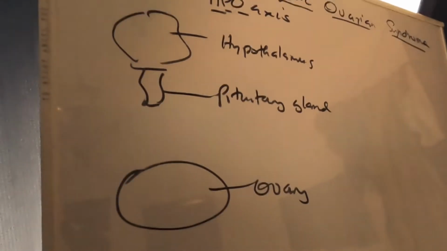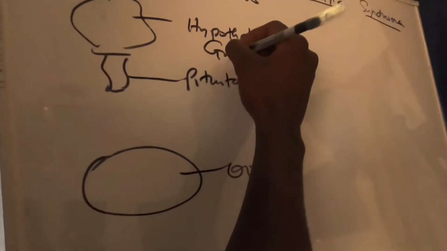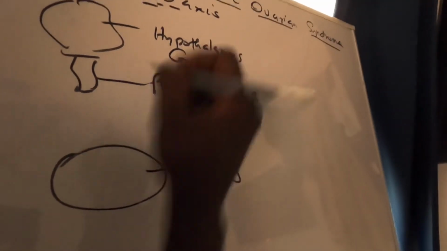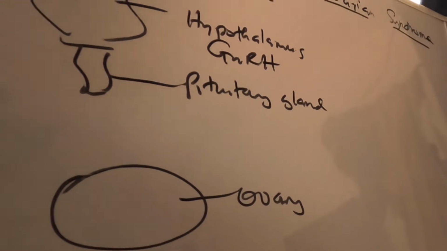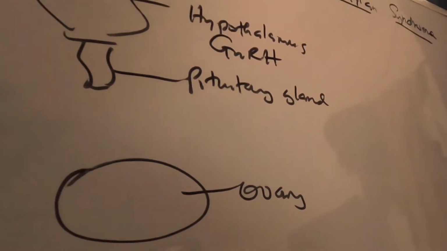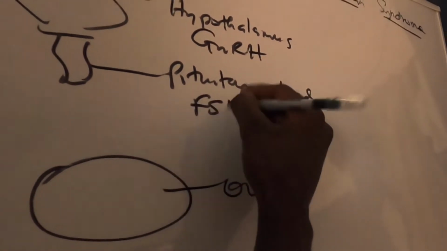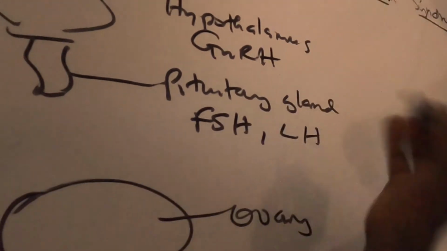Now, the hypothalamus is responsible for the release of the gonadotropin releasing hormone. And then this hormone acts on the pituitary gland, specifically the anterior pituitary gland, to produce FSH and then LH.